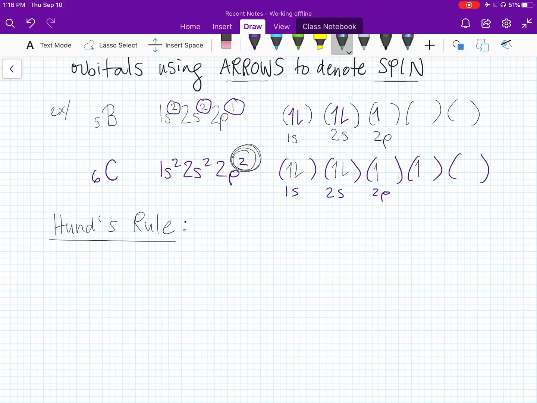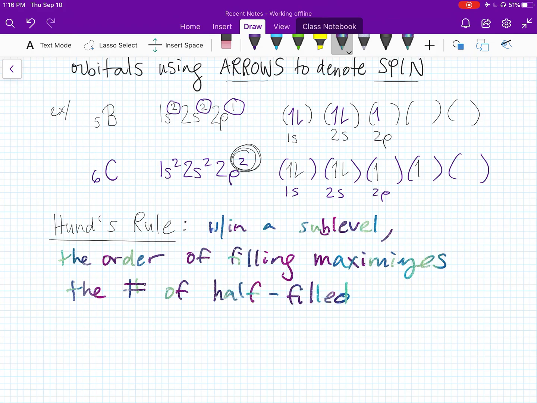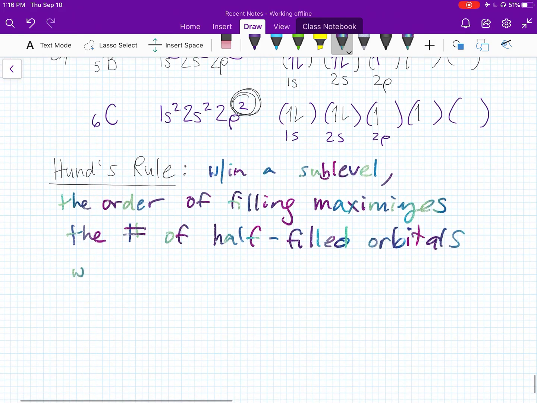It explains that within a given sublevel, like the 2p sublevel that we just saw, the order of filling maximizes the number of half-filled orbitals to avoid electron-electron repulsion. Maximize the number of half-filled orbitals with electrons of parallel spin.